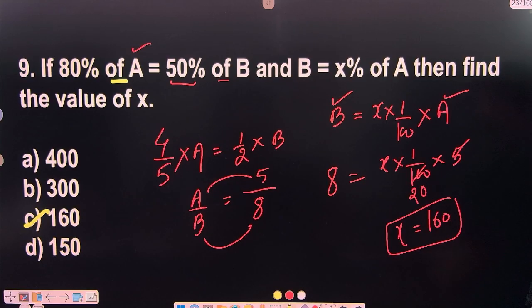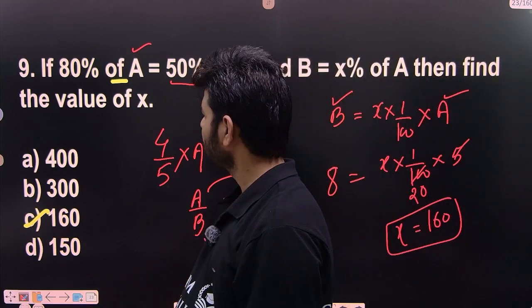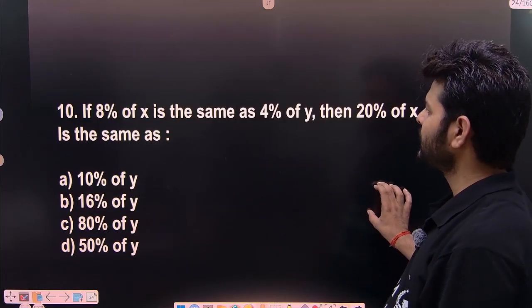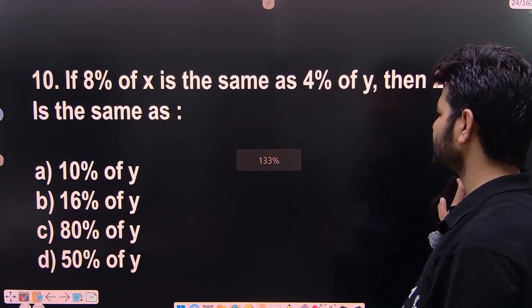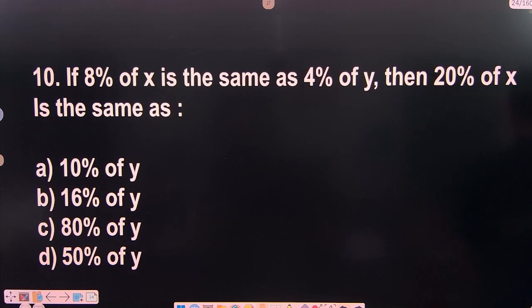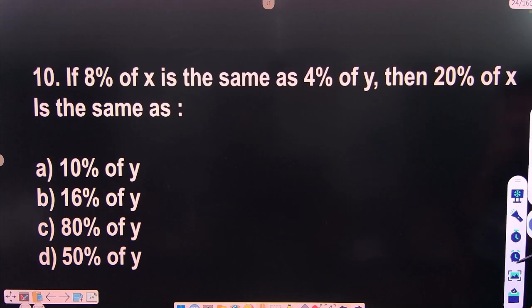Now the next question is, again, in the same manner, you need to find out the value of X. Take your time. Time starts now.